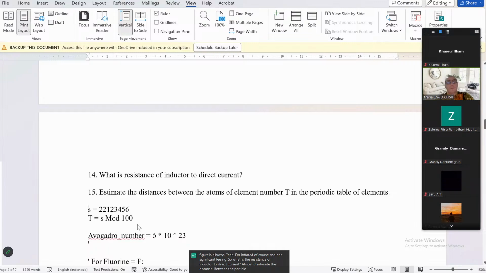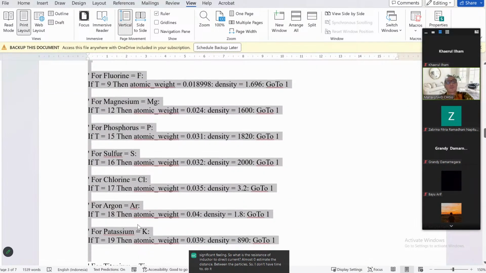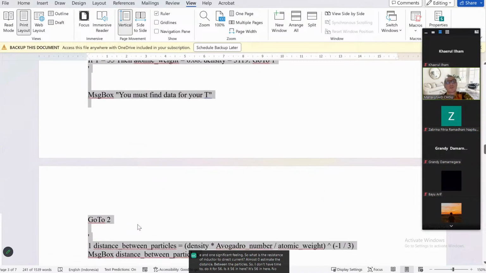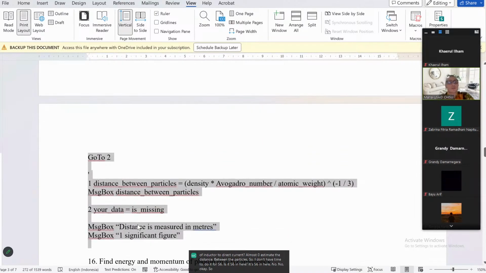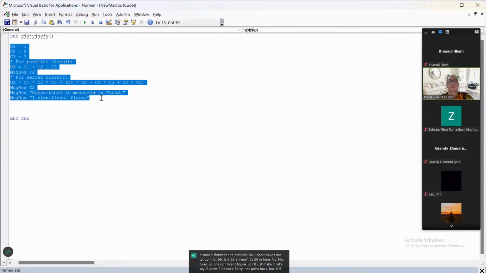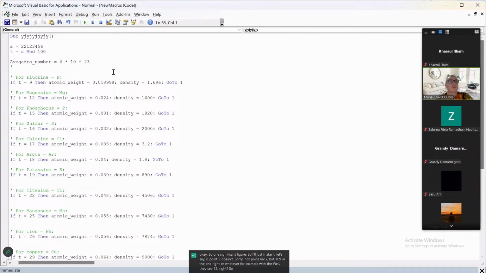I don't have time to do it for 56. Is 56 in here? No, okay. So one significant figure. So I'll just make it, for example, 12.